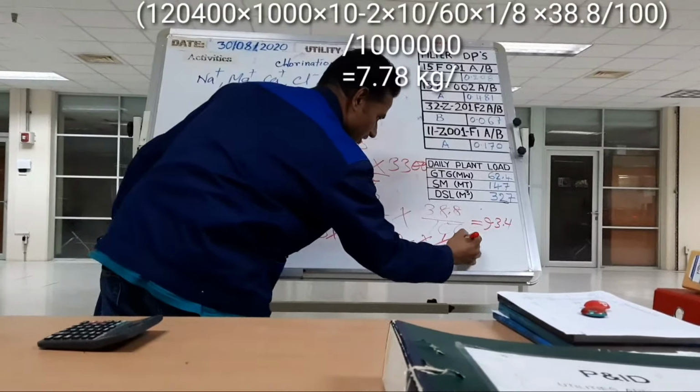Multiply by 38.8, and finally divide by 10 million.